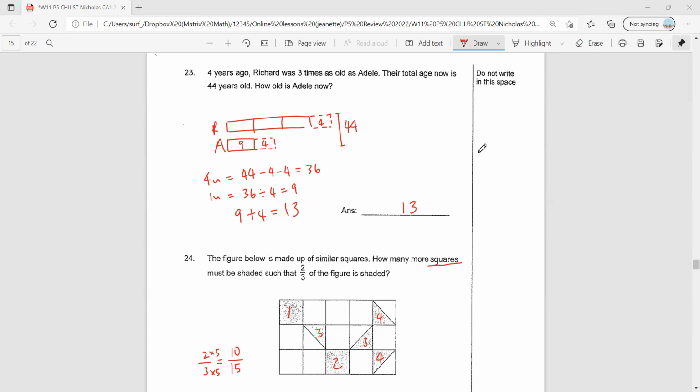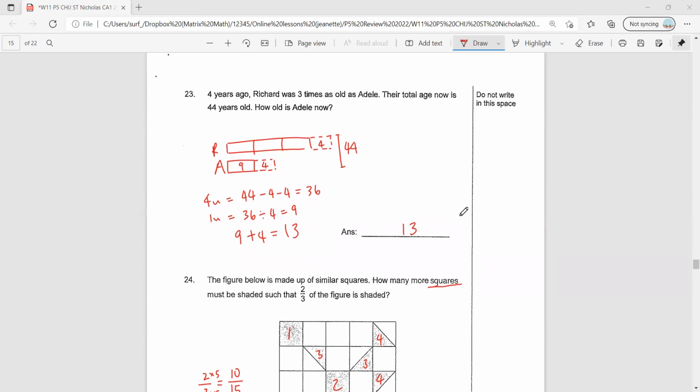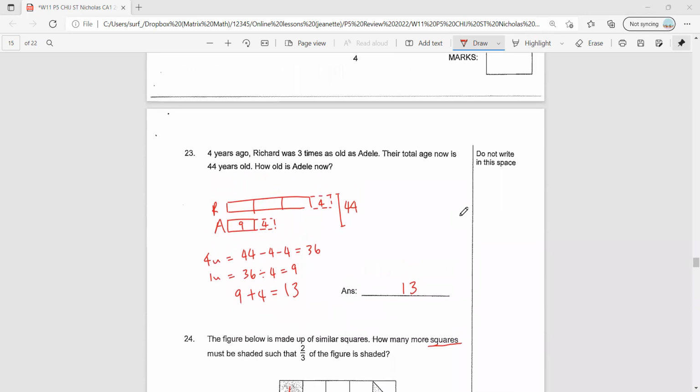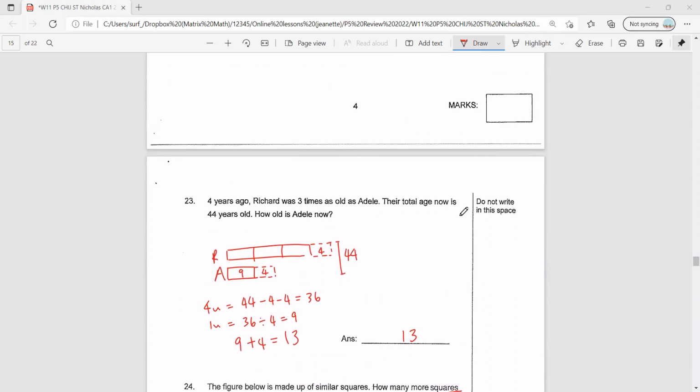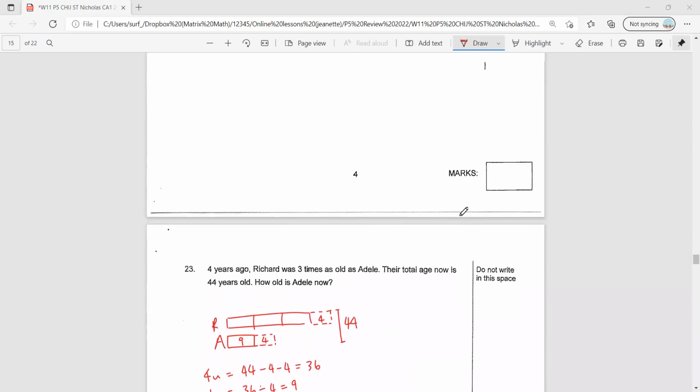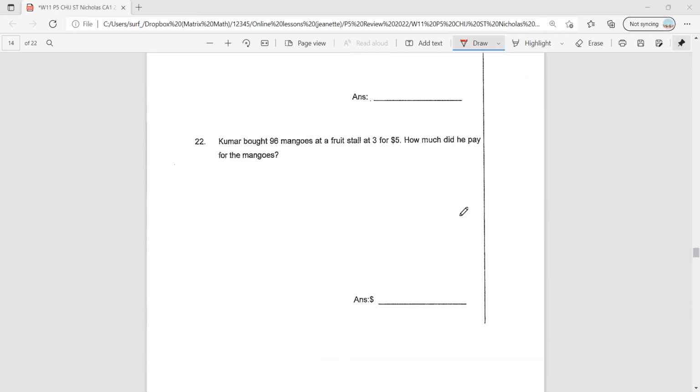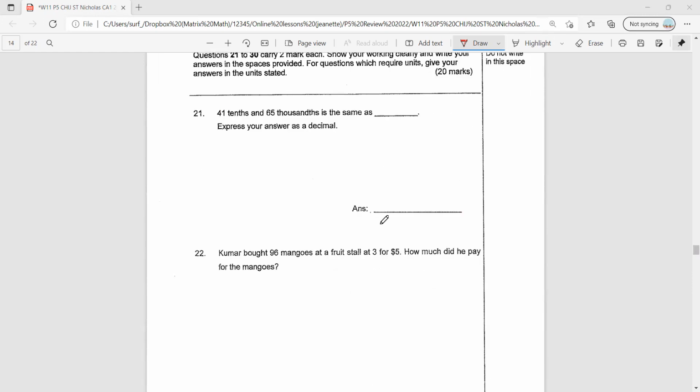For 23 done? I move on. 22, who needs? 21. Okay, I go to 21.